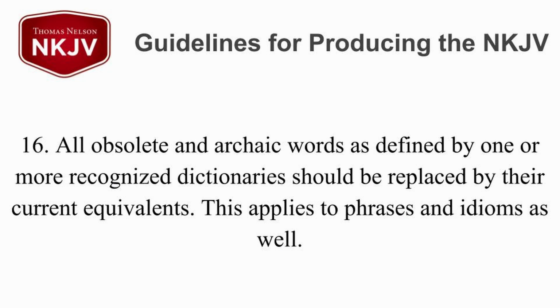But it gets confusing, and it's actually more accurate and understandable just to keep the names the same in the Old Testament and the New Testament. So if we have Isaiah in the Old Testament, you'll see Isaiah in the New Testament when you're reading the New King James.